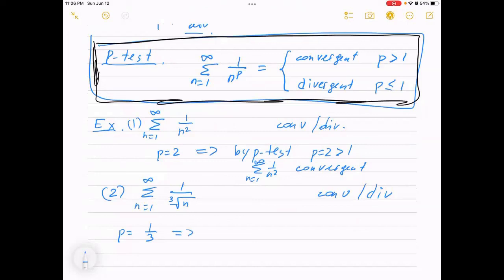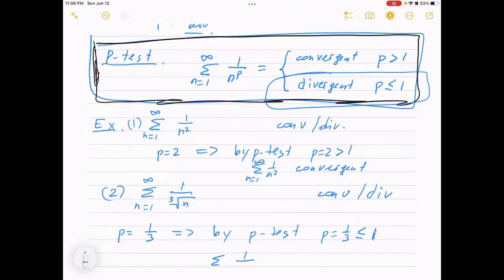So here by the p-test, p equals 1/3 is less or equal to 1. So it's in the situation right there. So we conclude by the p-test, because p equals 1/3 is less or equal than 1, the corresponding series, 1 over the cube root of n from 1 to infinity, is divergent.